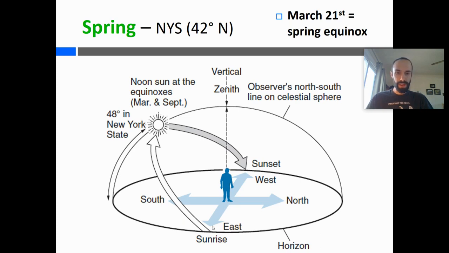The sun rises perfectly east, comes up to an angle of about 48 degrees above the horizon, an altitude of 48 degrees, and that's around New York State at 42 latitude. And then it comes back down again perfectly west. So rising perfectly east, setting perfectly west. The path here is exactly 12 hours long. That's March 21st. We call that the spring equinox or the vernal equinox.